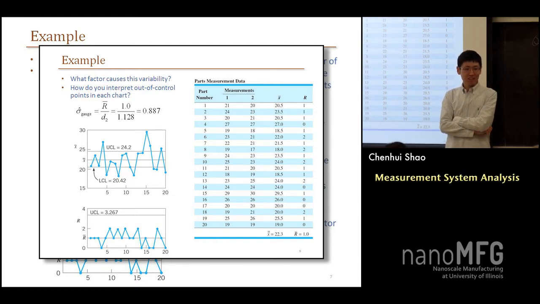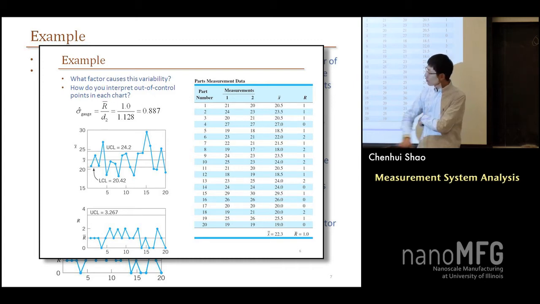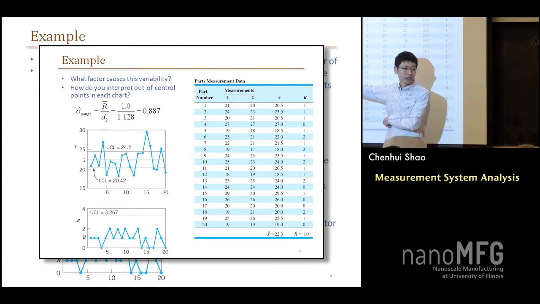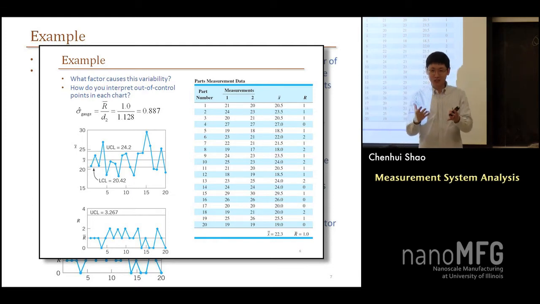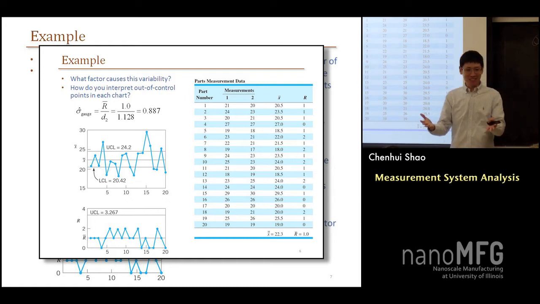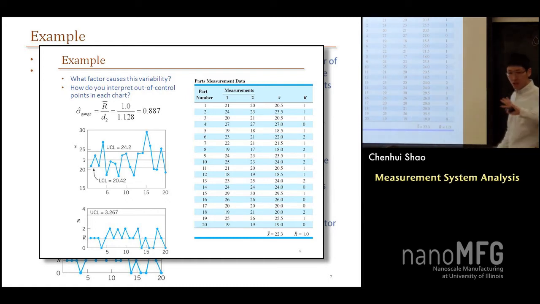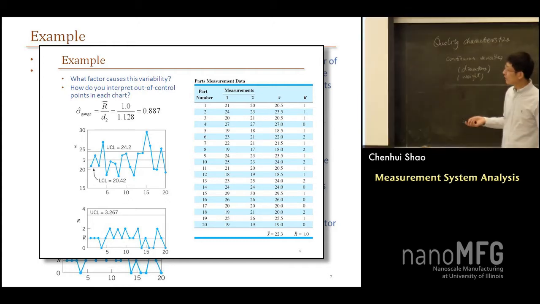Even if the R value is small, the operator could be measuring the wrong values, and the X bar chart would also be under control. The gauge is very easy to use, but it gives you wrong or inaccurate numbers, right? So that's also possible. There are really a few dimensions in determining whether a gauge is acceptable or not.